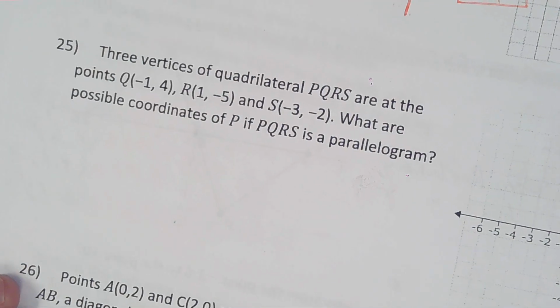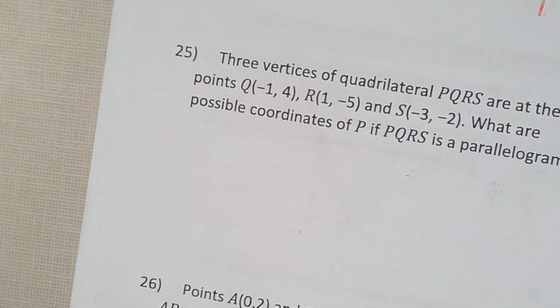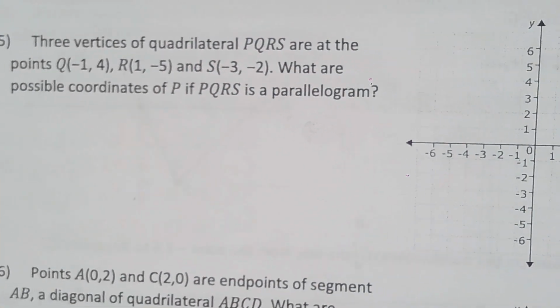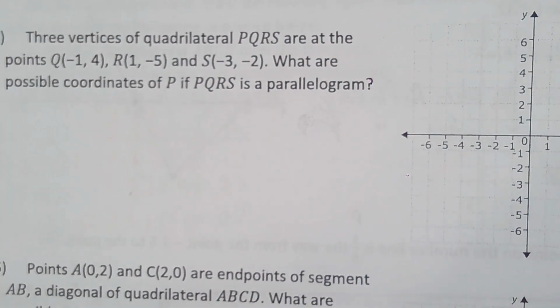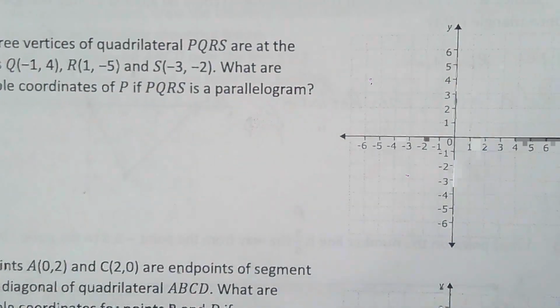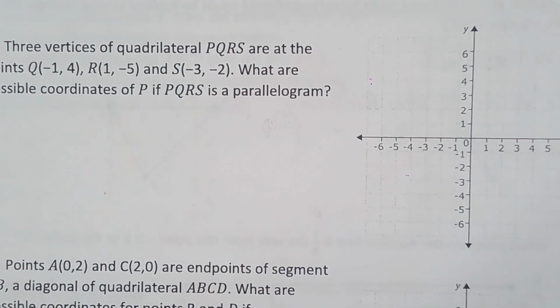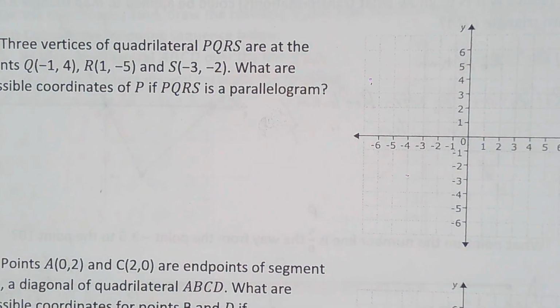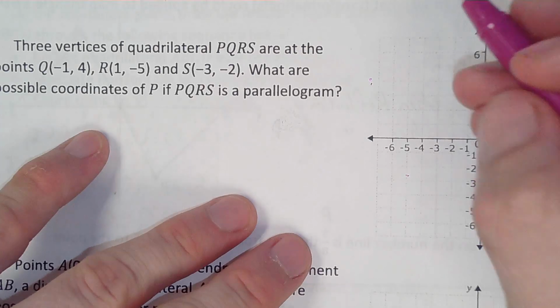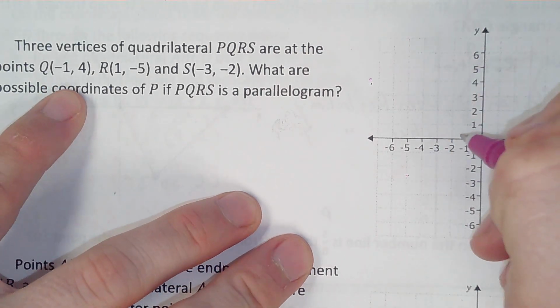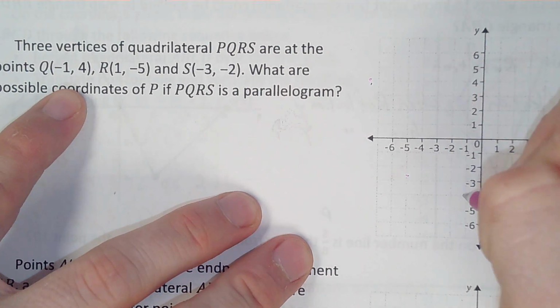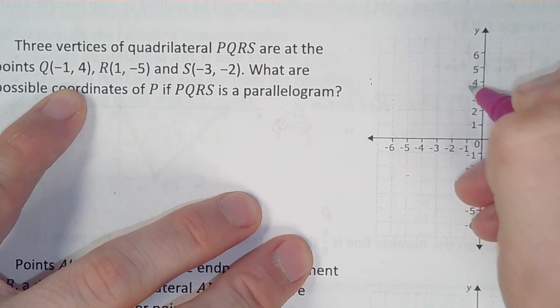This is number 25. Maybe I can move this up a little bit, give you guys a better view. Okay. Number 25, we have 3 vertices of a quadrilateral. And what's the other vertex? Our point Q is -1 and 4, which is way up here.